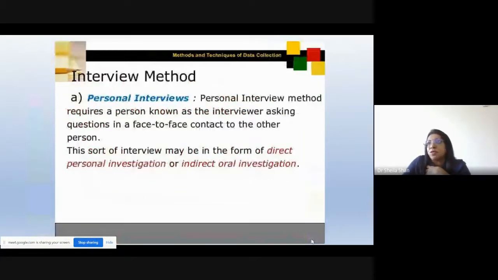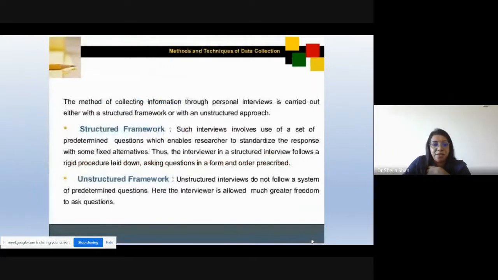Interview method is also considered primary data. Personal interview method is with a person known to the interviewer, and it is face to face. This is very accurate because it's a direct question.